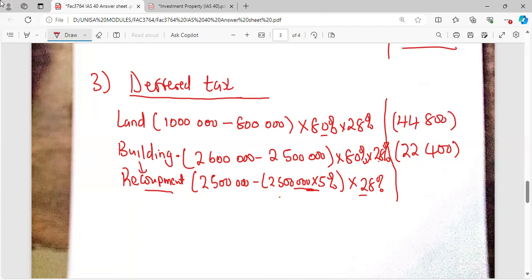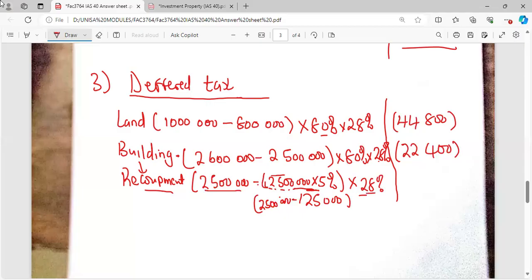So it must be 2,500,000 minus this one. So which means when we have our 125,000 here, we minus it from 2,500,000. Then the figure that we have is now the one that we minus from 2,500,000.